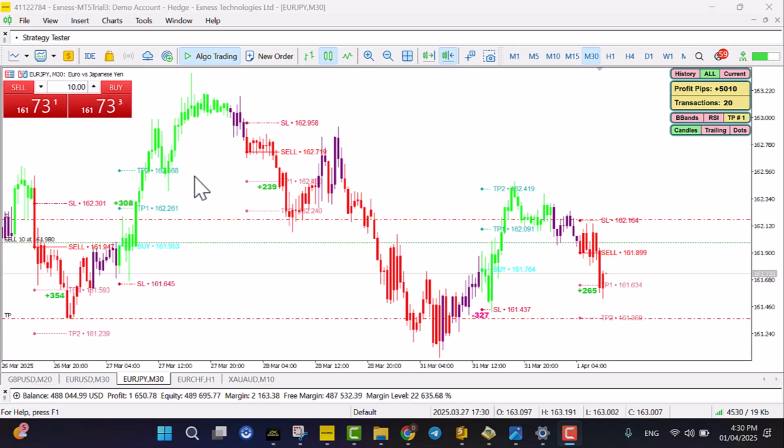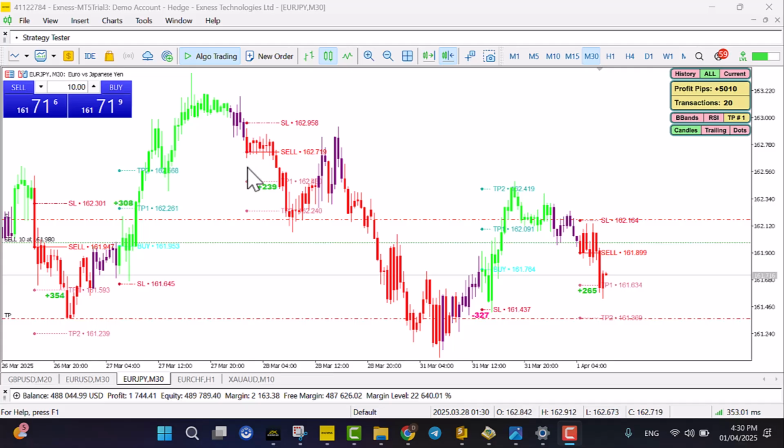And on top of that, I have also included a filter to filter out the size of the entry candle, or the opening candle here that you can see. Generally speaking, if the size of the candle is so huge, then it does not really make sense for you to enter, because a big part of the move is already done.